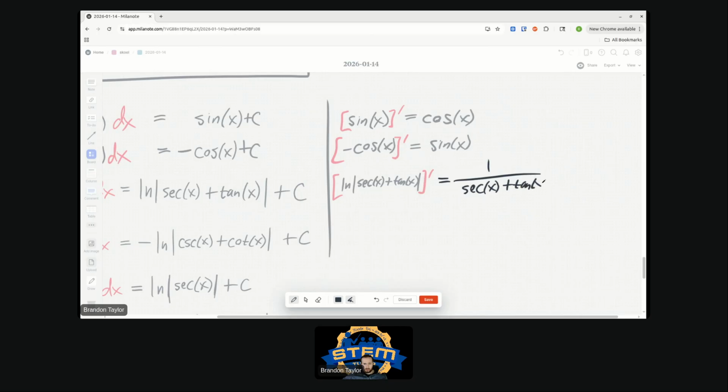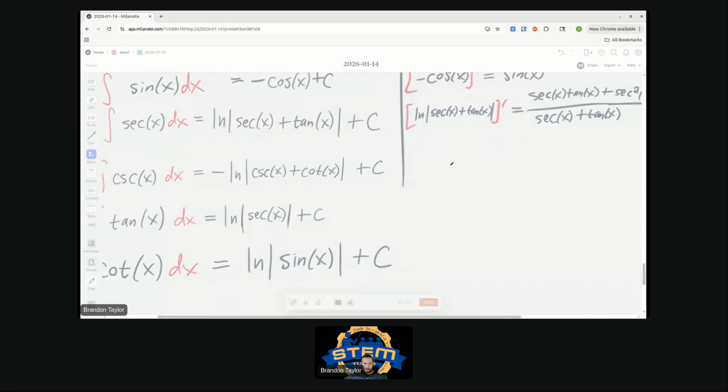And then you can see how this is going to go. You basically take the derivative of the inner function, which is secant tangent plus secant squared. So secant x tan x. You basically do everything we did in reverse, plus secant squared. And then you can pull out a secant of both of these, and then the secant x plus tangent of x cancel out. And yeah, you are left with secant.